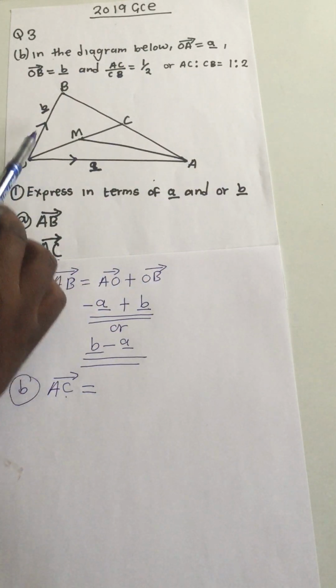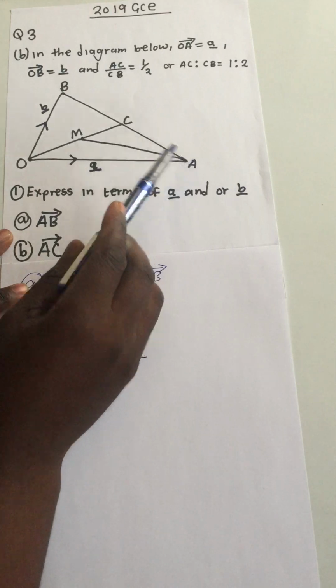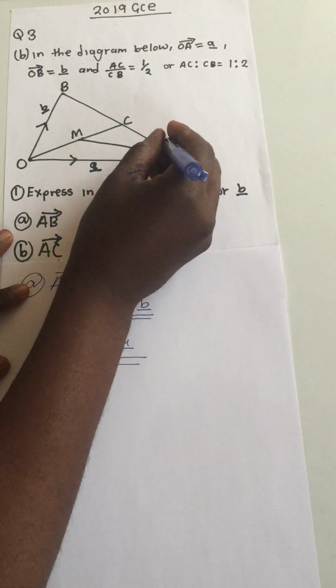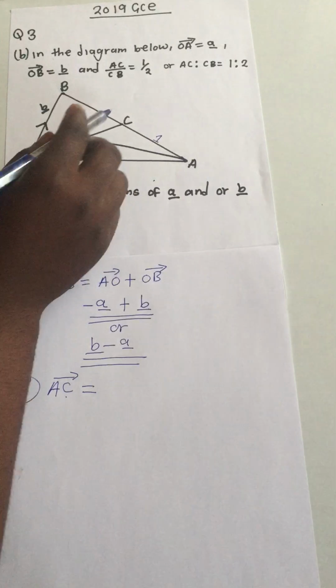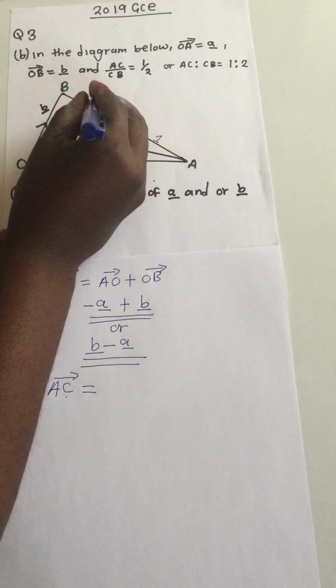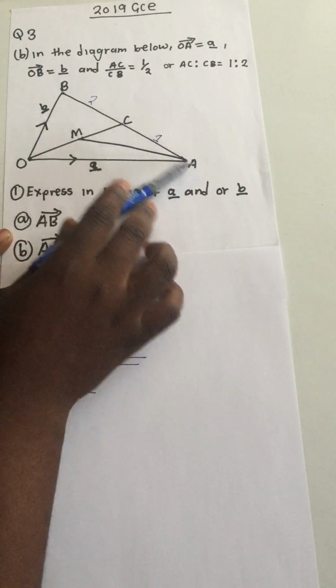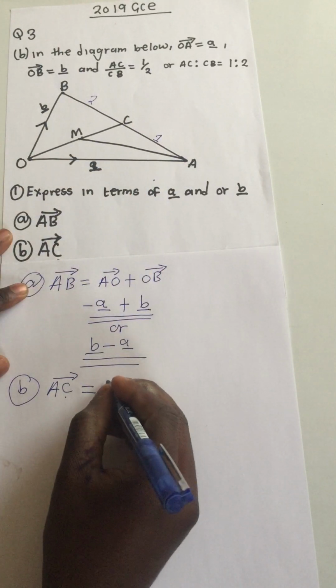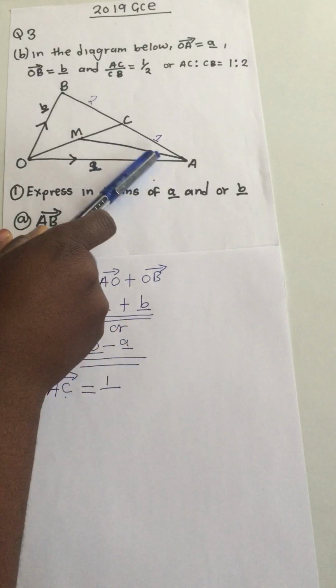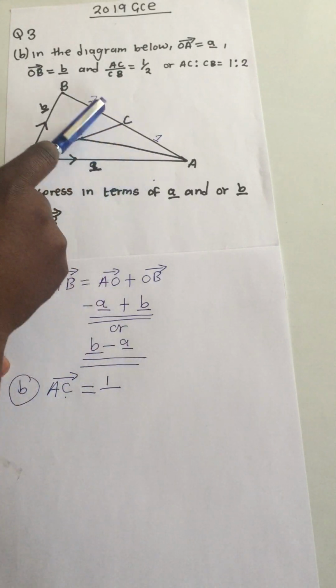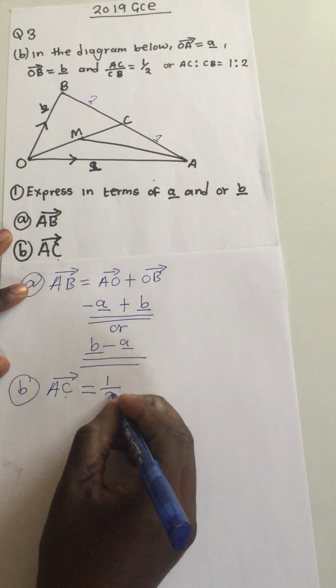So what do you do? For AC, where is A? A is here. So AC, this is 1. CB, it's 2. Now, since you have been given AC, it will be 1 over, you add the whole ratio, which is 1 plus 2, you get 3.